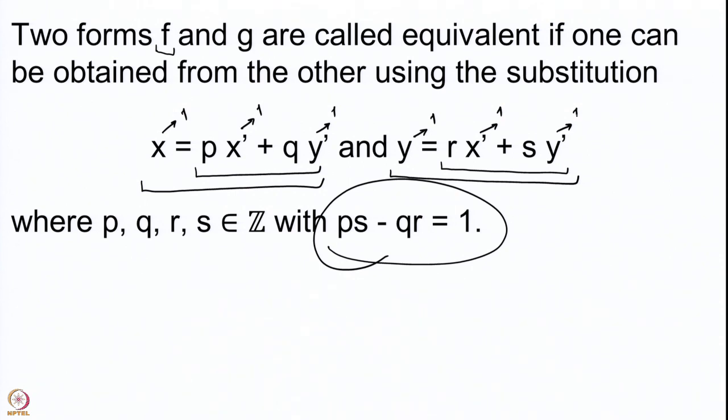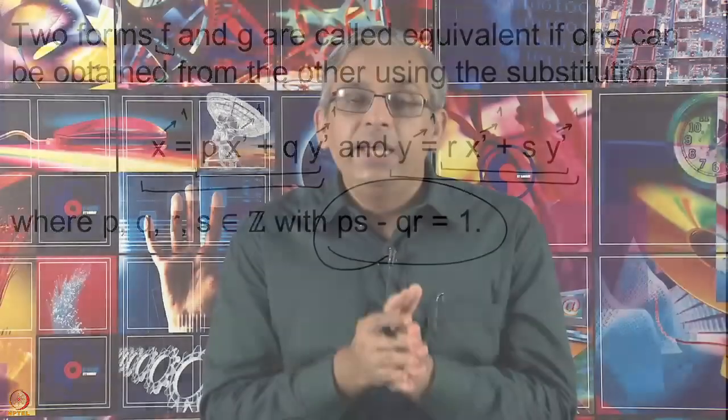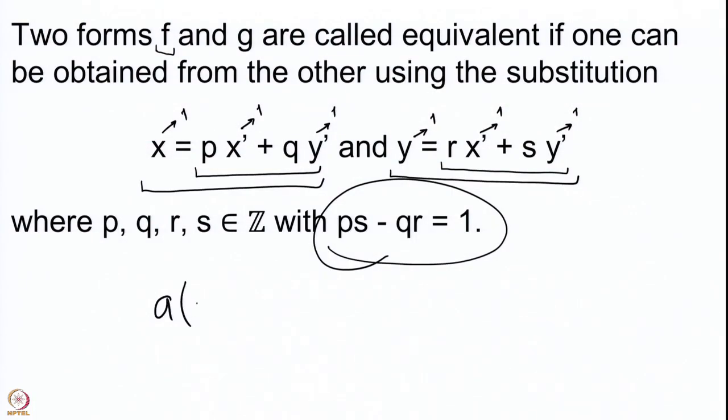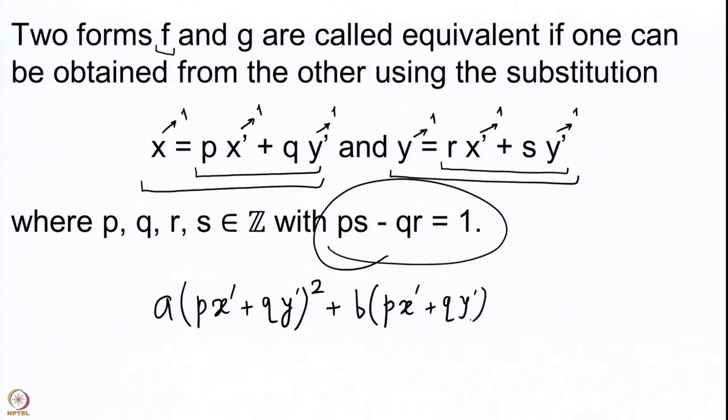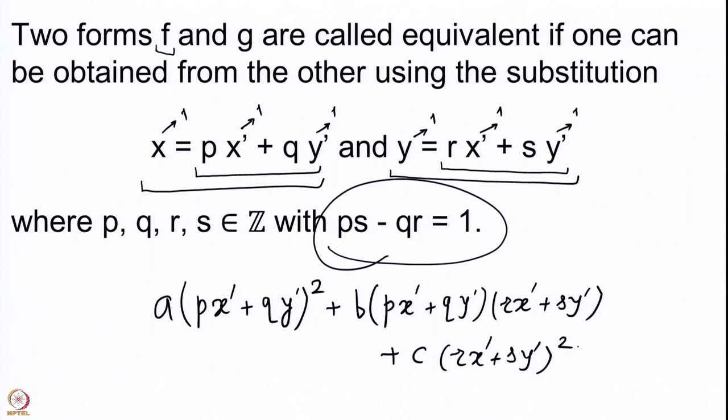So, you will get a different expression. You started with a x square plus b x y plus c y square and when we had x you would put a times p x prime plus q y prime whole square plus b times p x prime plus q y prime times r x prime plus s y prime plus c times r x prime plus s y prime whole square.